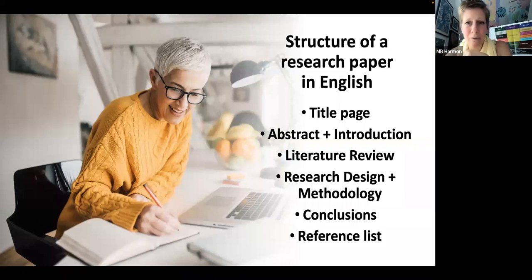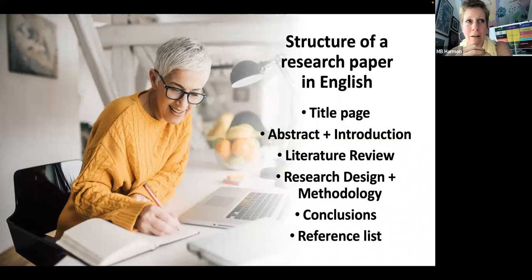And then in a research paper, as you probably know, it goes into the research methodology that you use, any of your design that you use, any of your specific questions that you use. So it talks a little bit more about that. And then it goes to the conclusion, which is where you talk about your results. And finally, it gives a list of references that you use for your paper.